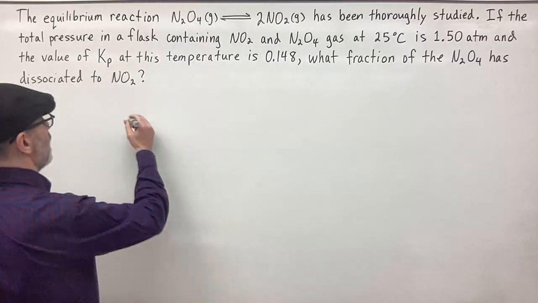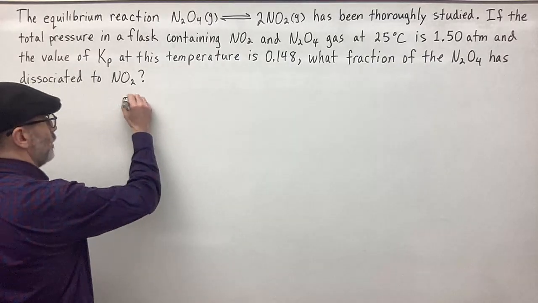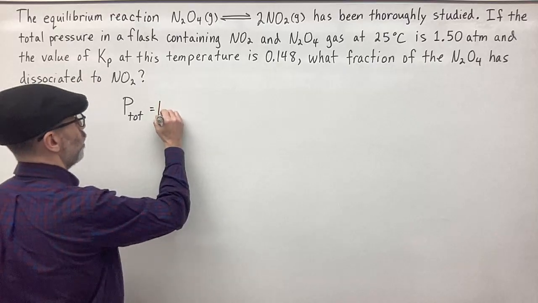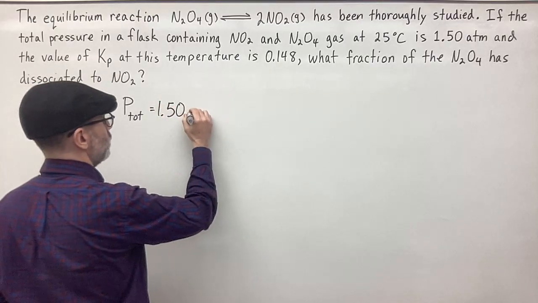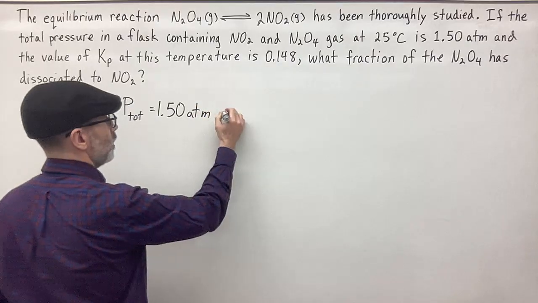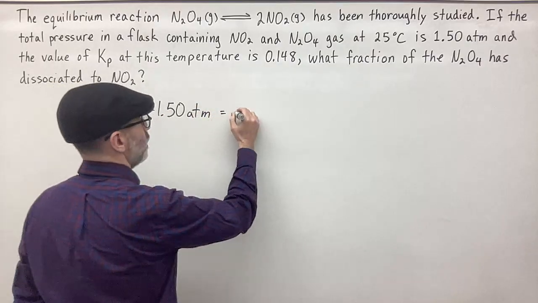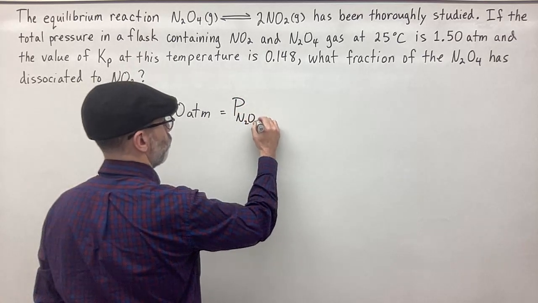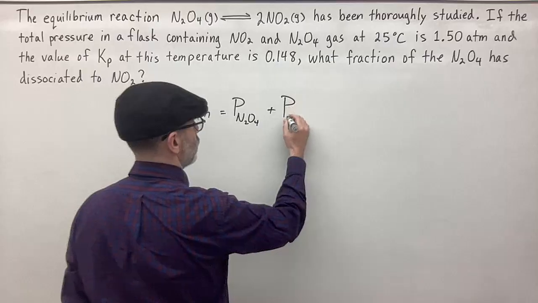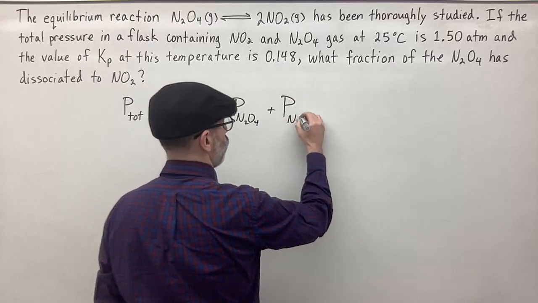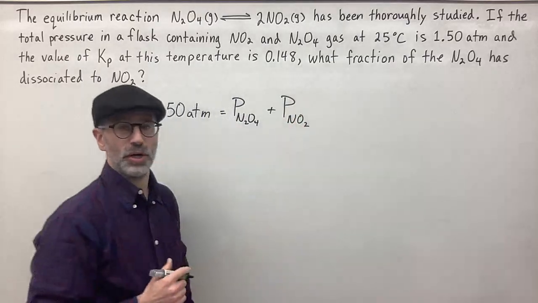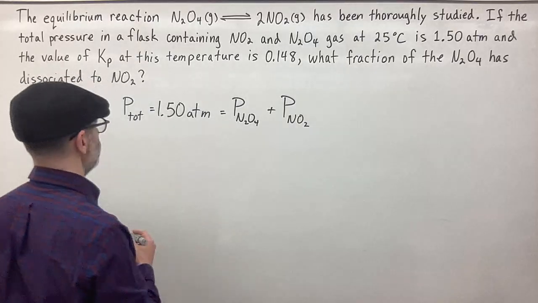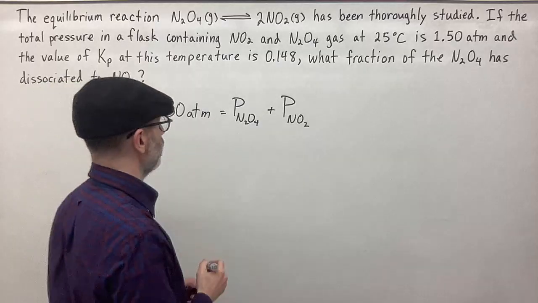So that means that the total pressure is equal to 1.50 atmospheres, which is going to be equal to the partial pressure of N2O4 plus the partial pressure of NO2 at equilibrium.